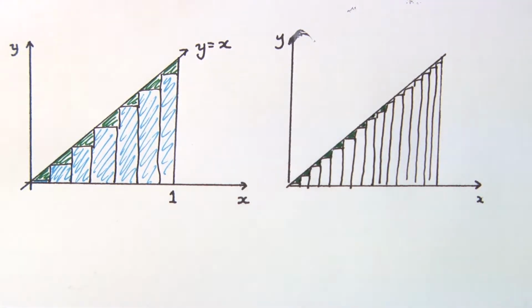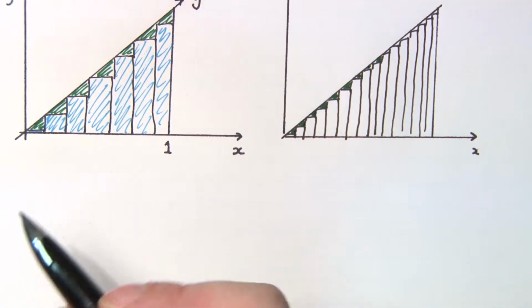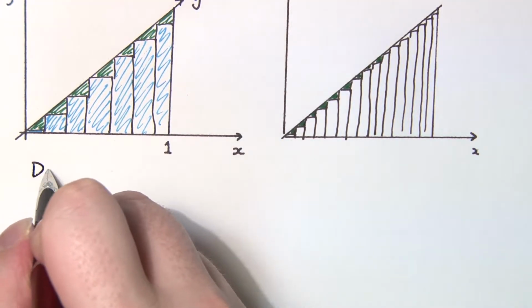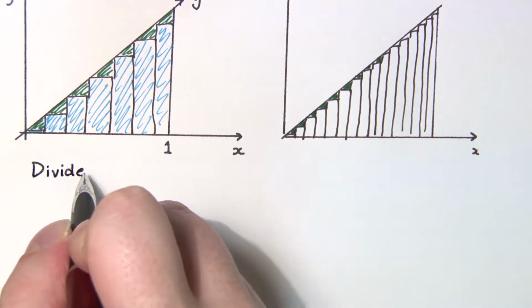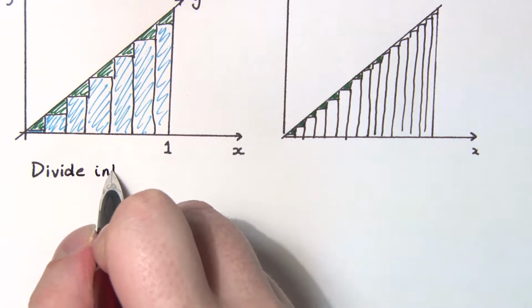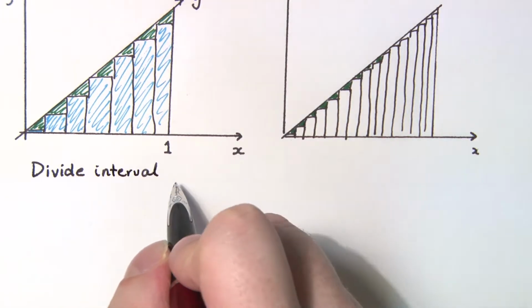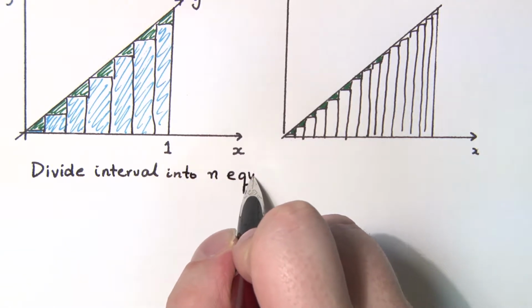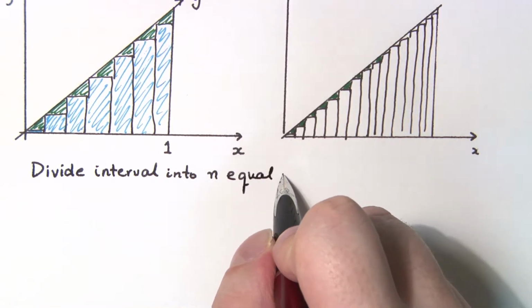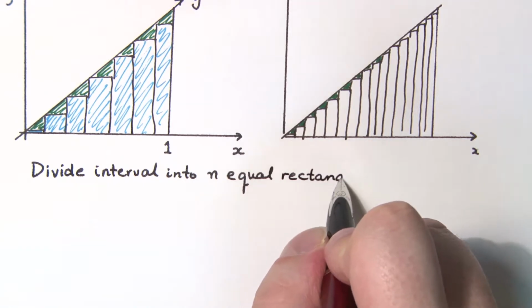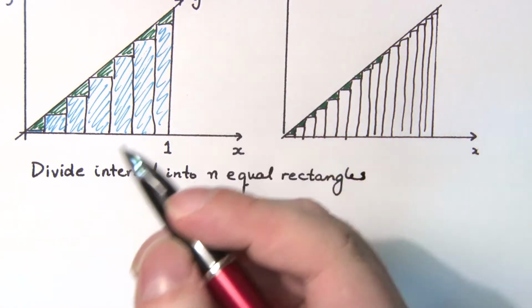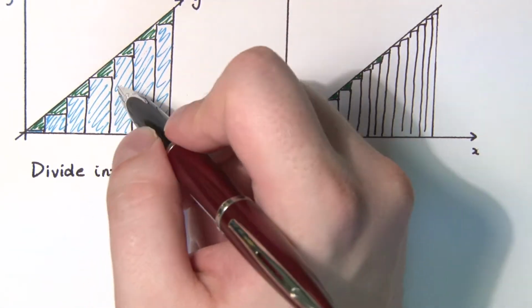So how do we do that? Well, what we do is we initially start off with dividing it by n many rectangles. So let's just call this our arbitrary rectangle right here.